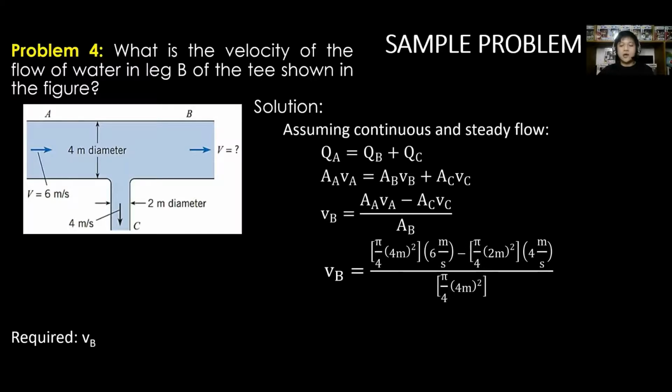Then divide to area at B, that is pi all over 4 times the diameter 4 meters raised to 2. Therefore, V at B is equal to 5 meters per second.